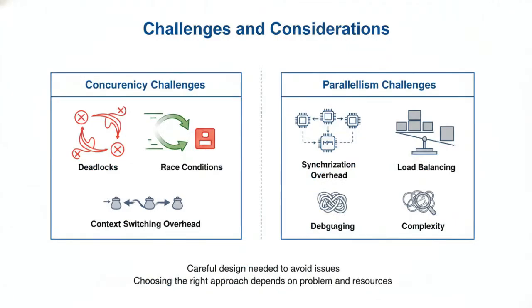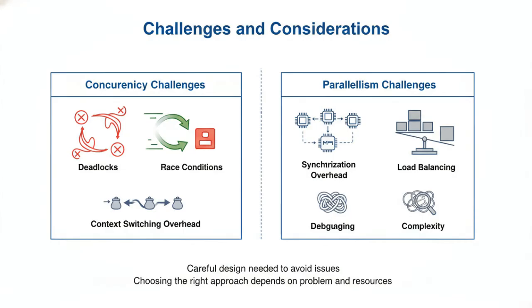While powerful, both concurrency and parallelism introduce their own sets of challenges. In concurrent programming, developers must contend with issues like deadlocks, where two or more tasks are stuck waiting for each other, and race conditions, where the outcome depends on the unpredictable order of operations. Context-switching overhead can also reduce efficiency.